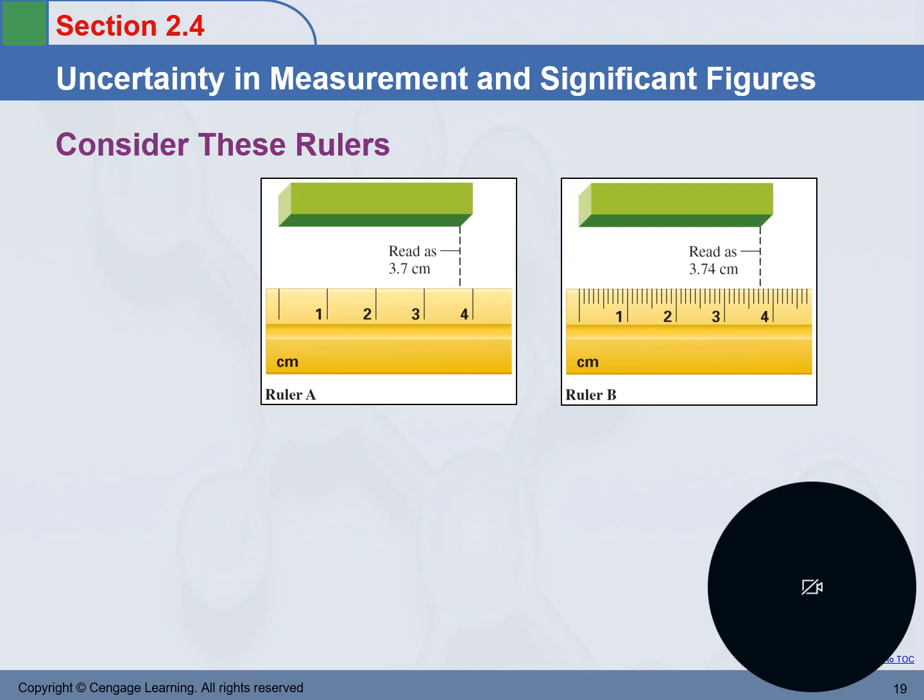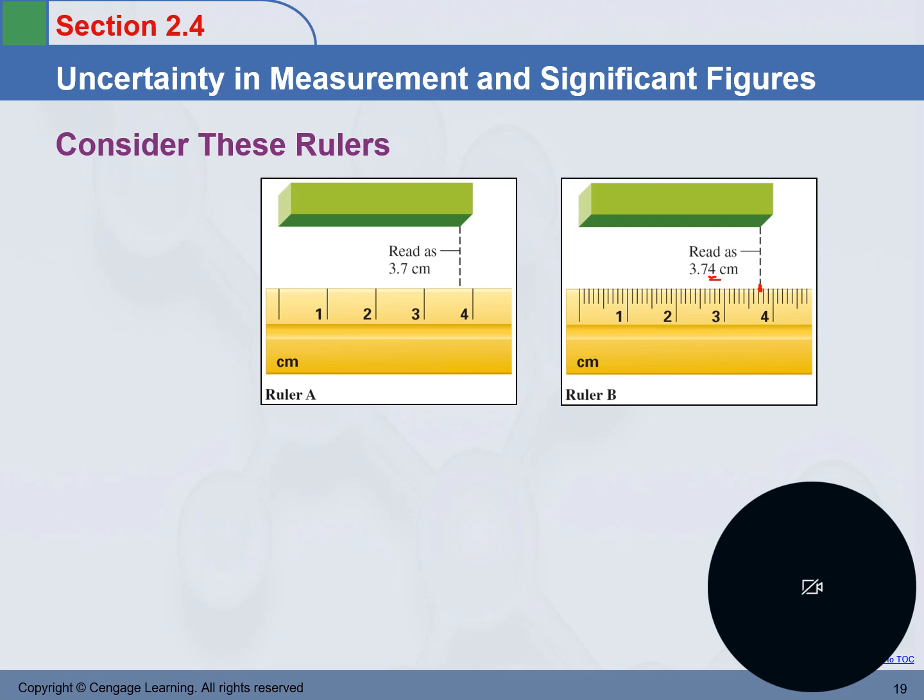Not a full centimeter. The next one we can be a little bit more precise because there are more marks on this ruler. The numbers are centimeters, and the little lines in between are millimeters. So we know that it's reached the 3.7 mark right here, but it's a little bit past that, so the estimated digit here is 3.74.